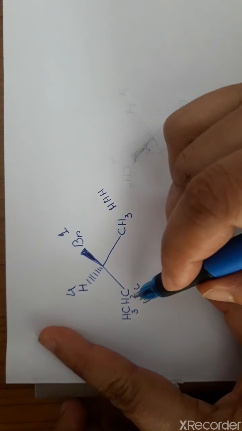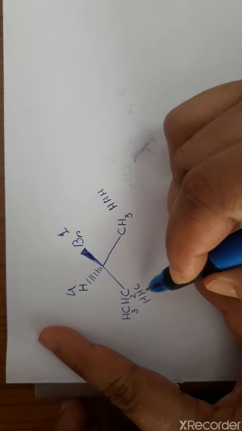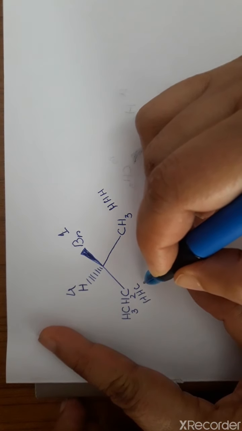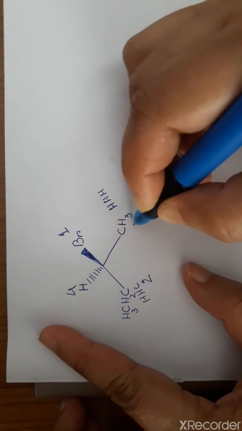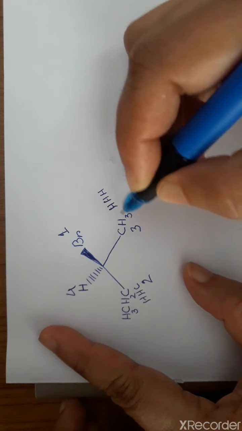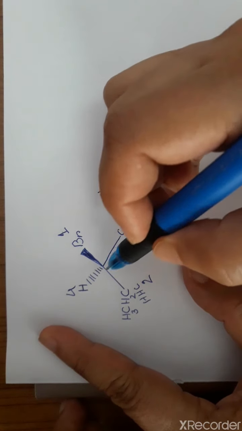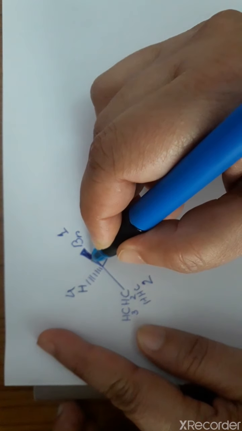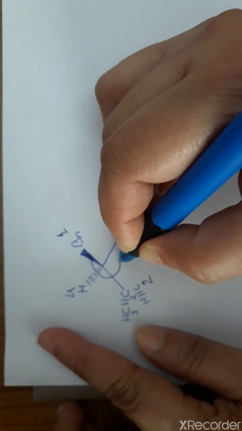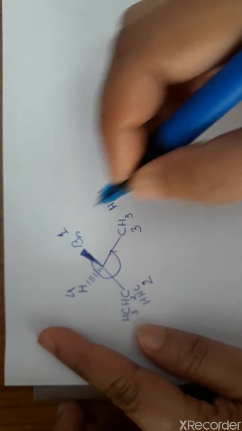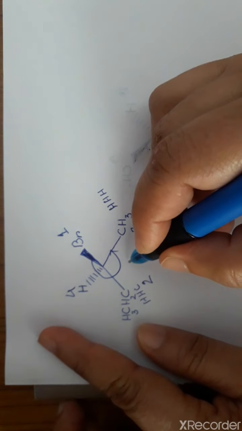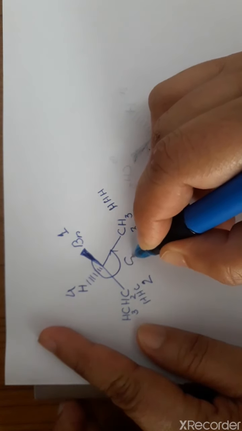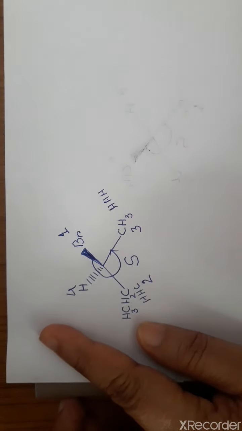Among these 2, the ethyl group gets the higher priority, therefore this will be 2 and this will be 3, right? The lowest priority group is below the plane, no problem. Then 1, 2, 3, which path is it taking? Again it is anti-clockwise, and therefore the configuration of this chiral carbon is S.